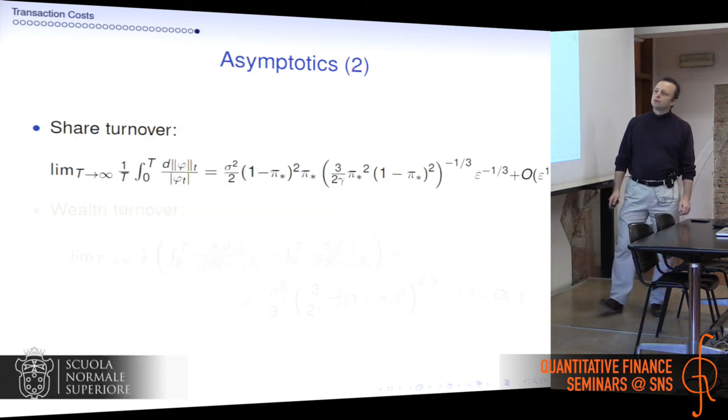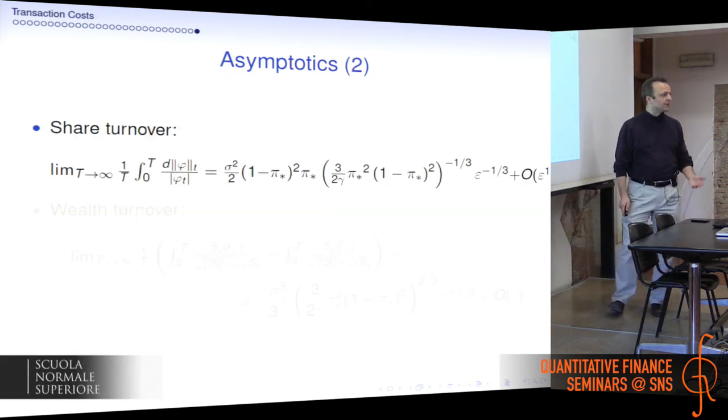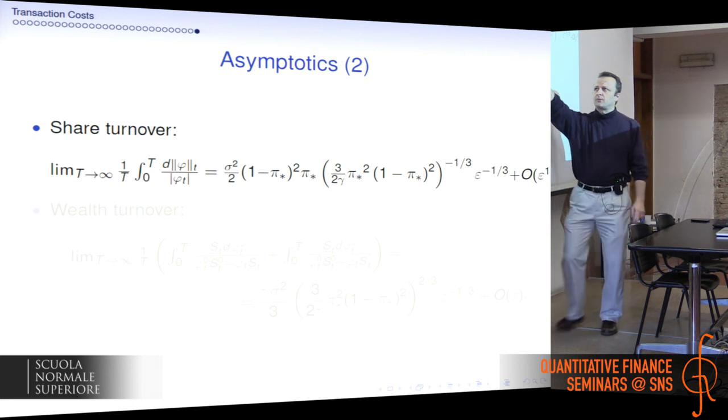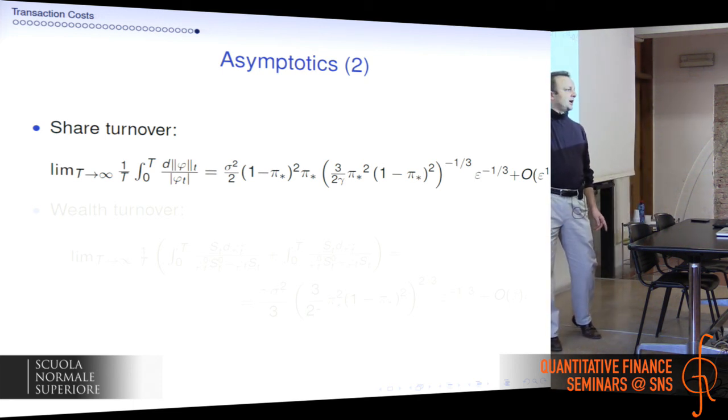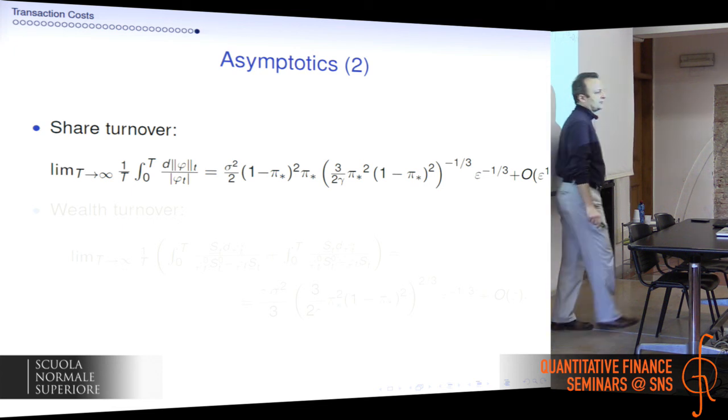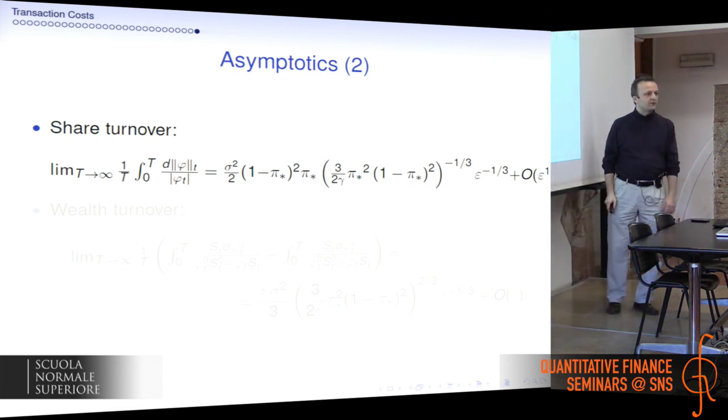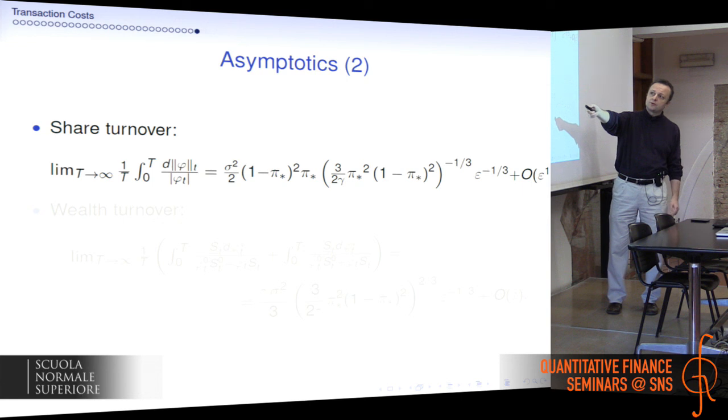And if you want to study also trading volume implied by this rebalancing policy, here you can do it. You can look at, for example, the number of shares that you trade. This would be the variation of phi divided by the absolute number of shares that you have right now. This quantity is also ergodic.